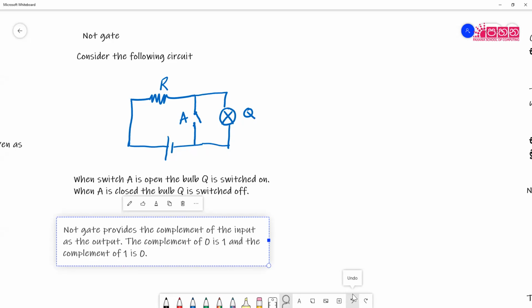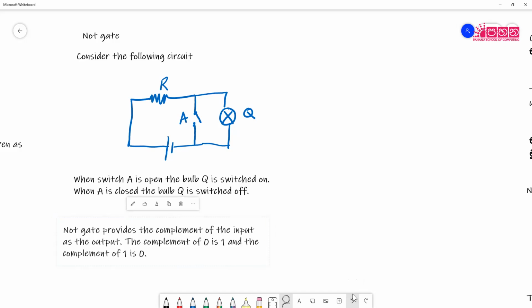Using the same notation for switch A and bulb Q: when A is open, A is 0, then Q is on, meaning 1. When A is closed, that means A is 1, then Q is off, meaning 0. So the NOT gate always provides the complement.